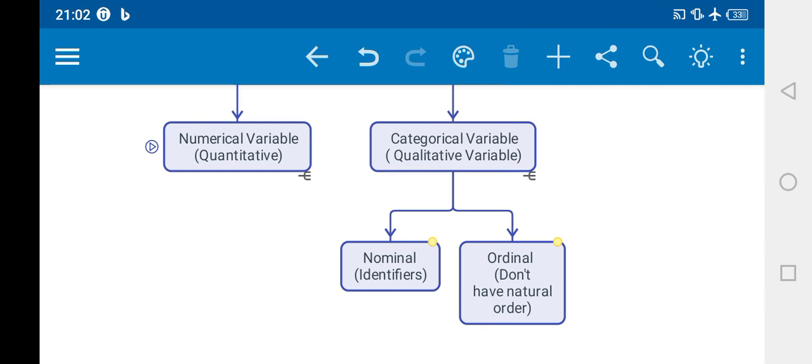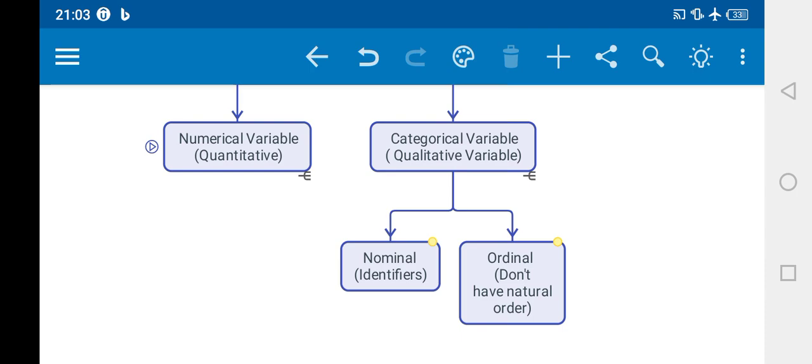Let's move to ordinal data. It has an order, but the order does not occur naturally. For example, a pain level: mild, moderate, and severe. It has levels, but the difference between the levels is not equal. Let's suppose I subtract mild from moderate, so what will be the answer?